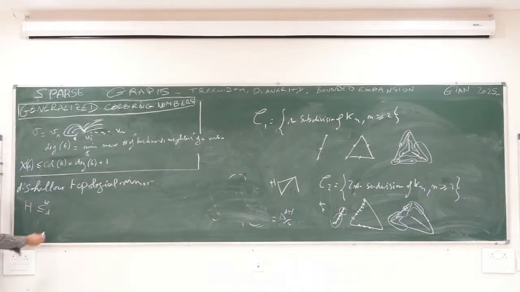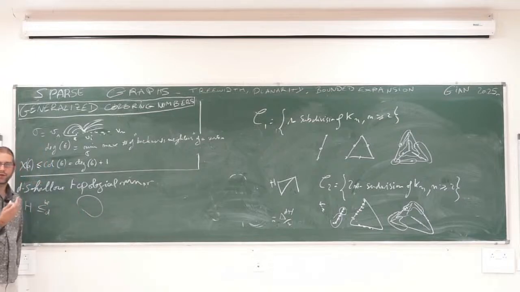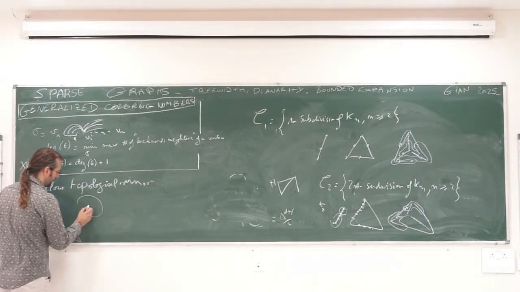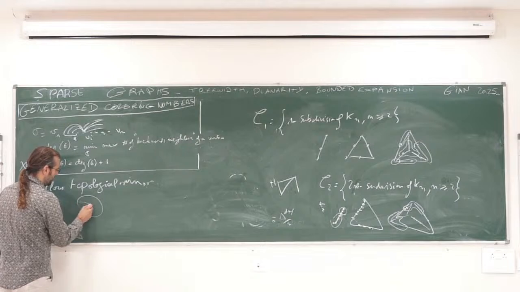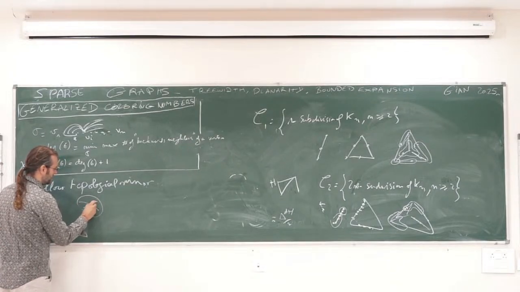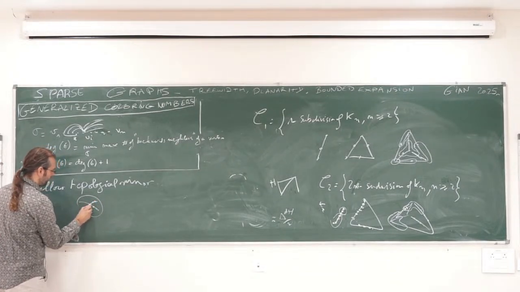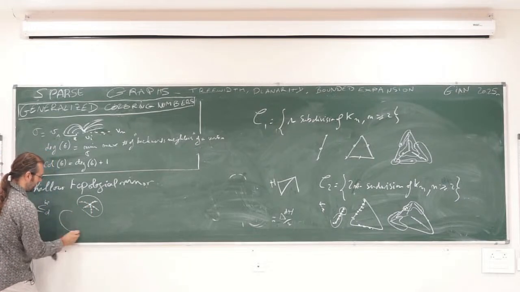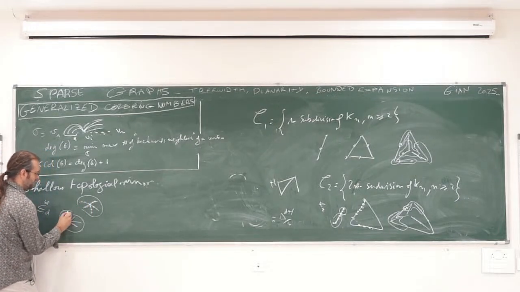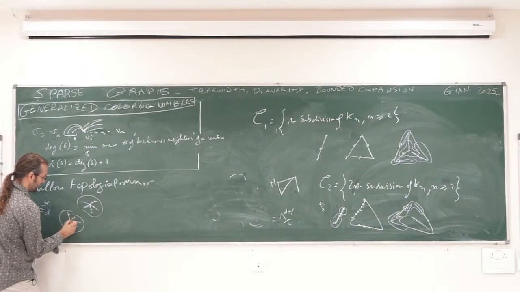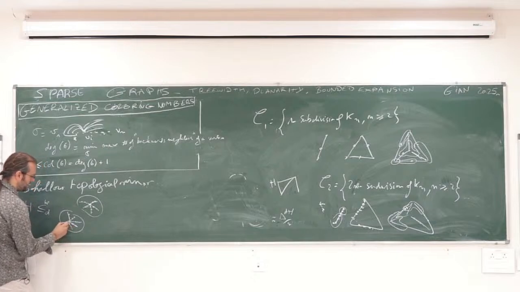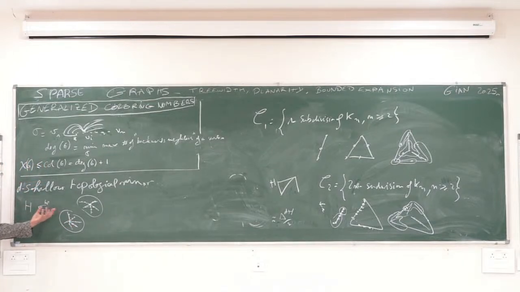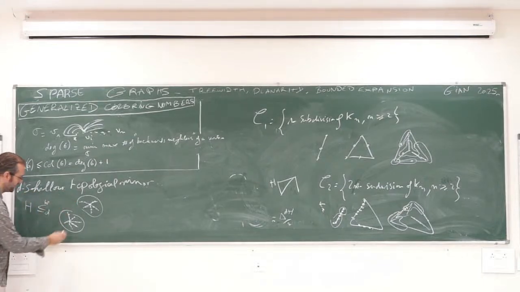That means your branch sets should look like this. It should give you a subdivision, so it's essentially a subdivided star. A topological minor you can see as a specific, more constrained way to make a minor. You are not allowed to branch, actually. I mean, it's called a branch set, but in this case you have to just take a star and subdivide, because it should be a subdivision.